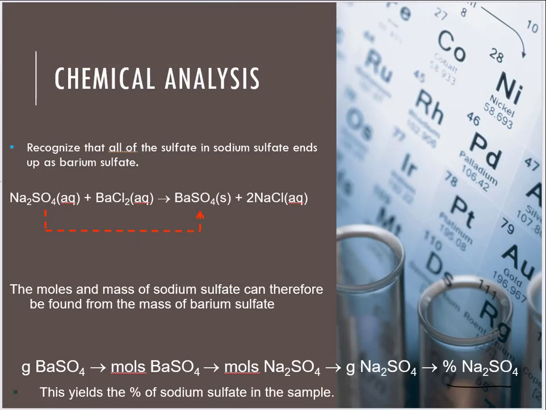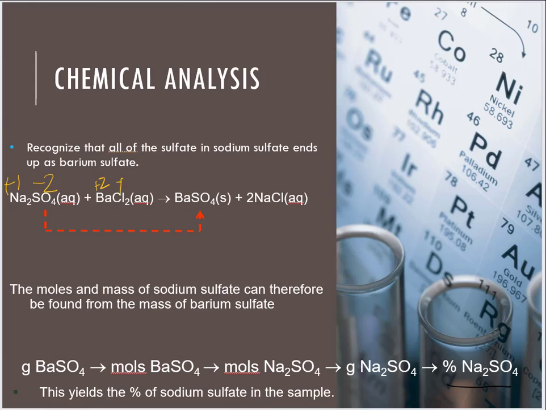So we need to write a balanced equation. Sodium sulfate, and we know this is sodium sulfate's chemical formula here. I'll switch to a different color so that we can see. Sodium we know is always +1, sulfate's a -2. That's why it's Na2SO4. Barium chloride, barium is +2, chlorine's -1, so BaCl2.